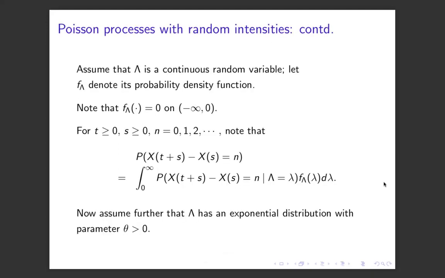So we simplify it even further. Let us assume this capital Lambda has one of the most basic and even useful distributions one has seen, namely the exponential distribution, with parameter theta greater than 0.